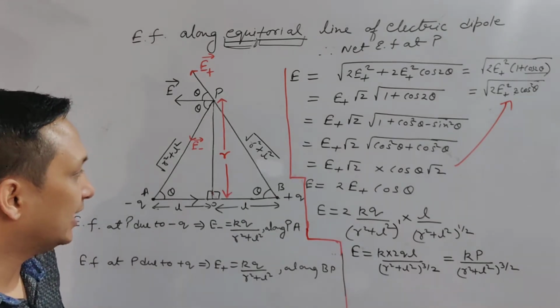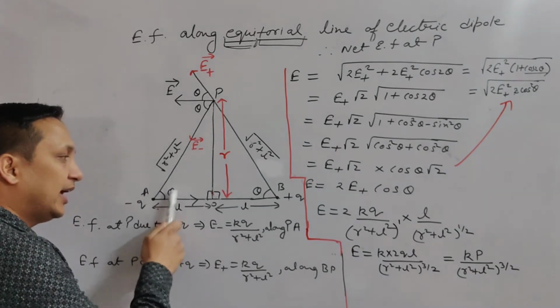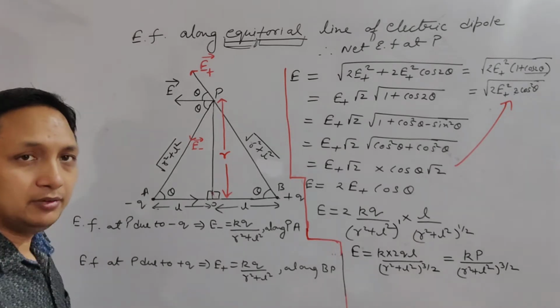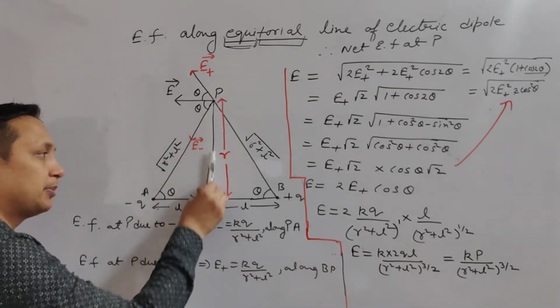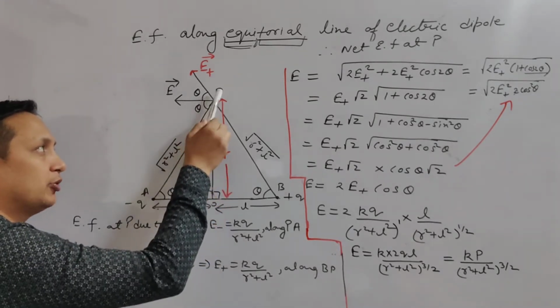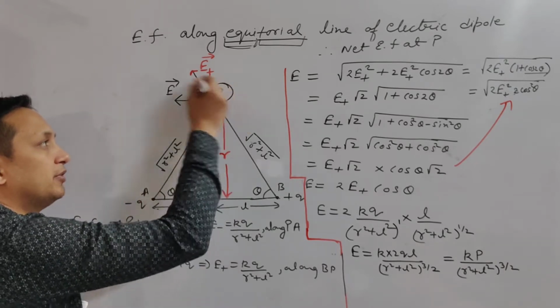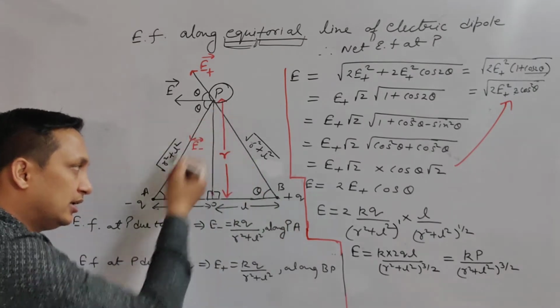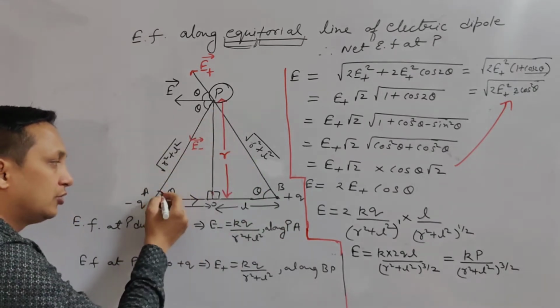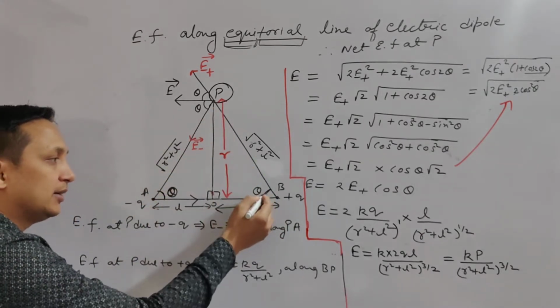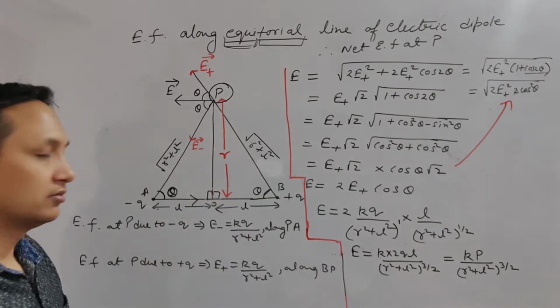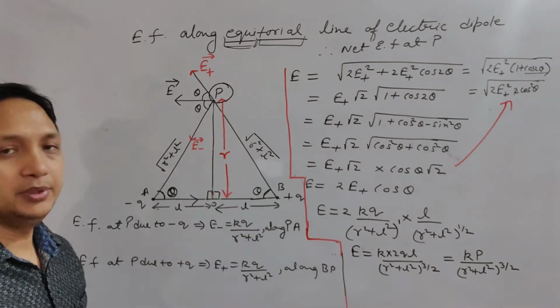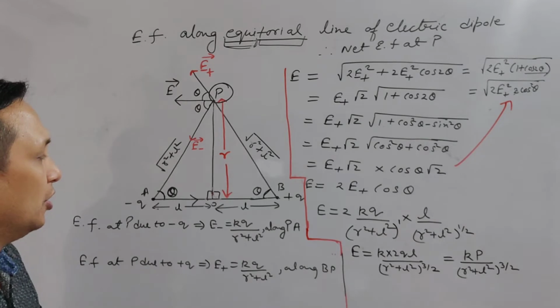Now what will be the net electric field? Tell me, will this angle be the same or different? Obviously the same, because this is a perpendicular line from the center. Any point, we are considering P as a point where we have to find the electric field intensity. So the lines will make the same angle with this horizontal line, or we can say the slopes of these lines will be equal. Is that clear?